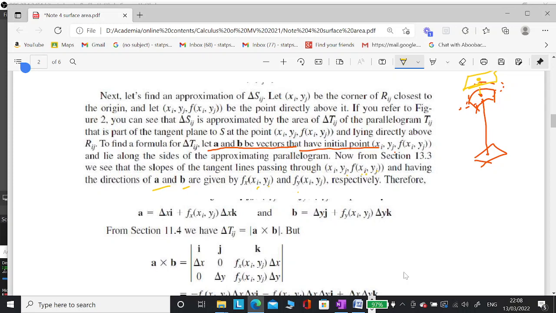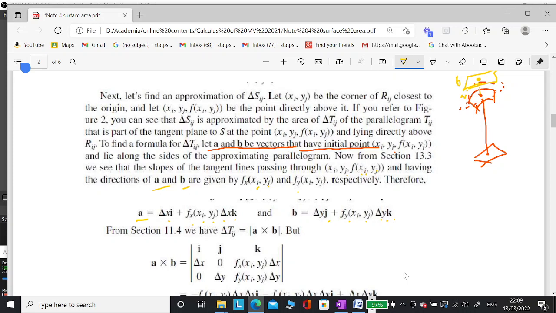Therefore, we can have a as delta x times i plus fx of xi, yj times delta x times k, in one direction, and b as delta y times j plus fy of xi, yj times delta y times k. Now we take the cross product of these two, which gives the area, because a is one side and b is the other side.